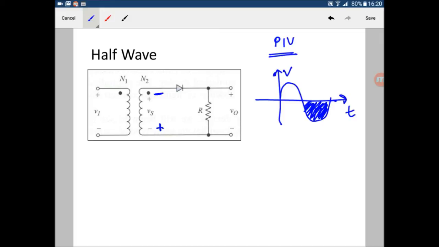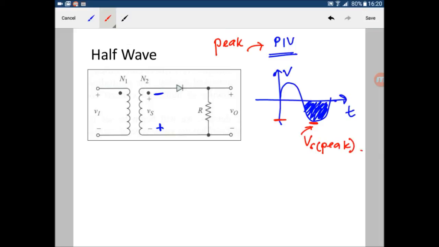When it is the negative cycle, you get the diode to be reverse bias. Now, since we are interested in the peak value, it means that we are looking at the maximum value here, and this is the secondary voltage. So this point there is Vs peak.